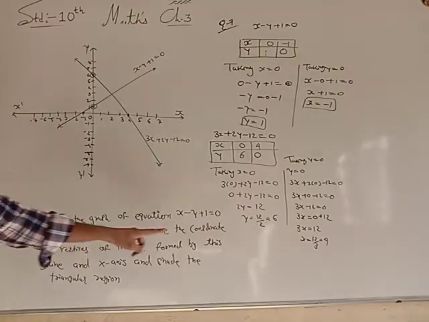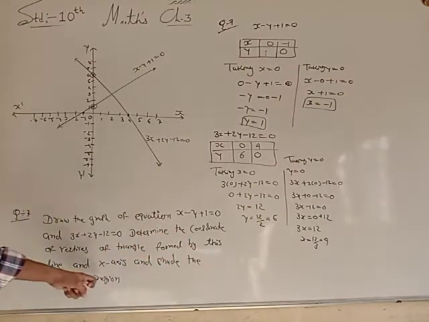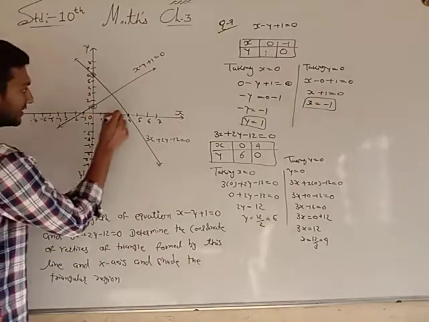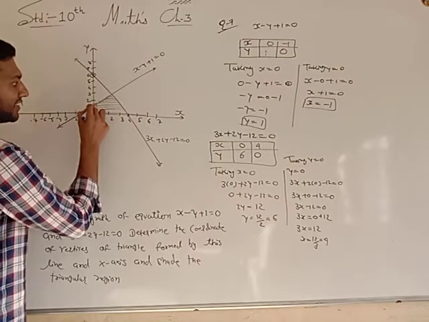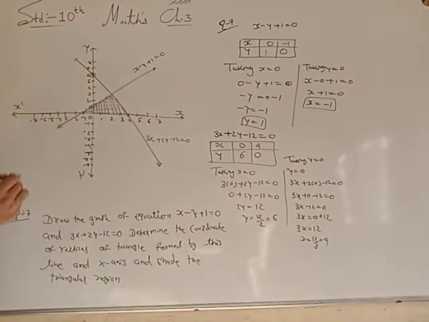Now determine the coordinates of the vertices of the triangle formed by these lines with the x-axis. Means see, this one is my x-axis and these two lines are forming a triangle; shade it. Okay, so the triangle is formed with the x-axis. Now what are the coordinates?